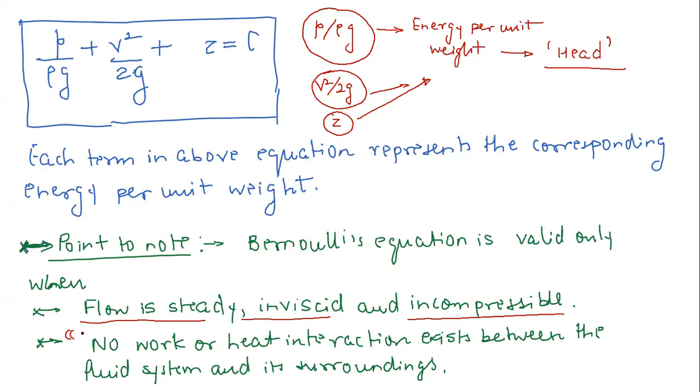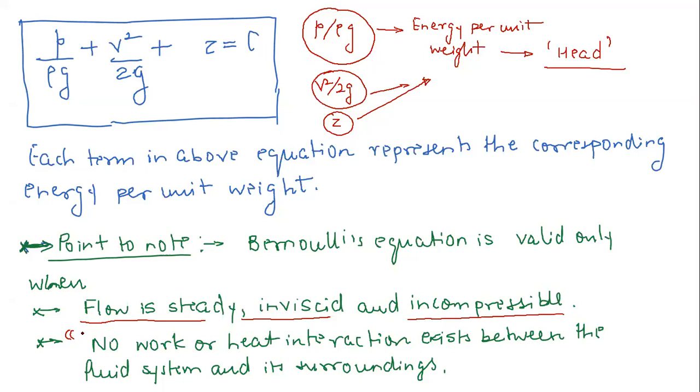Yes, it is possible. Then, is energy interaction, in the form of heat or work, possible for a control volume system? Yes, both are possible, whether you take a control mass system or a control volume system.